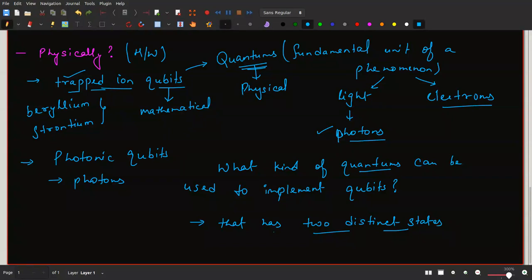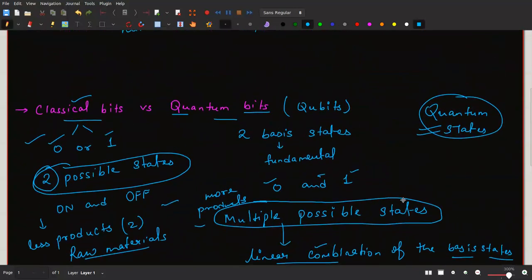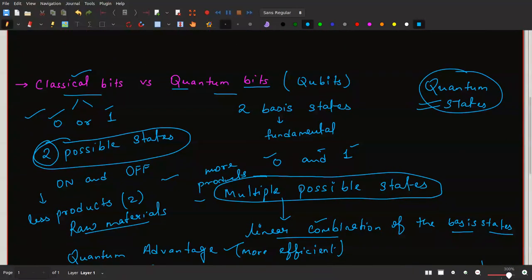Only those that have two distinct states, or on which we can perform some action so that it gets into two different states. And why are two different states required? Because as I told you, we need 0 and 1, the two basis states we have in the quantum. So that is why two different states are required, and whatever rest of the states will be there will be a linear combination of these, which we will be making.